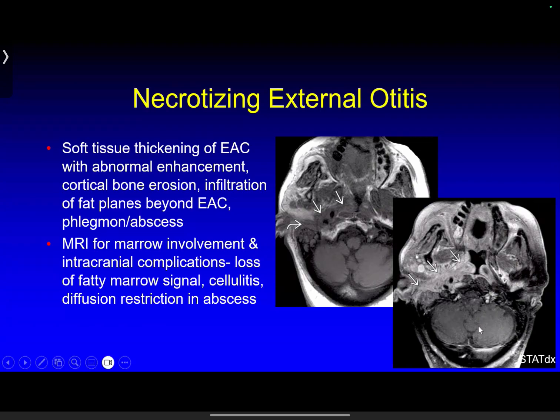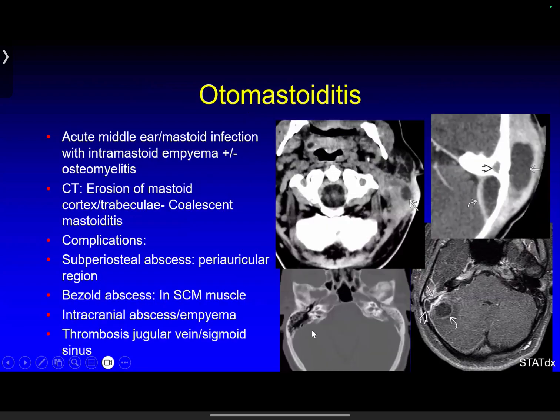So here in these pre and post contrast T1 images of an MRI, you can see diffuse opacification and enhancement along the external auditory canal with diffusely infiltrative soft tissue extending anteromedially, surrounding the carotid space, involving the right side of the clivus, extending into the nasopharynx and masticator space, a very extensive process.